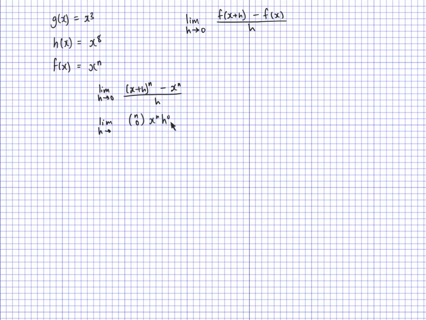Remember, h to the power of 0 is 1, and n choose 0 is also 1. Let's carry on. The next value would be n choose 1, x to the power of n minus 1 and h to the power of 1. And the next value, n choose 2, x to the power of n take away 2 and h to the power of 2.